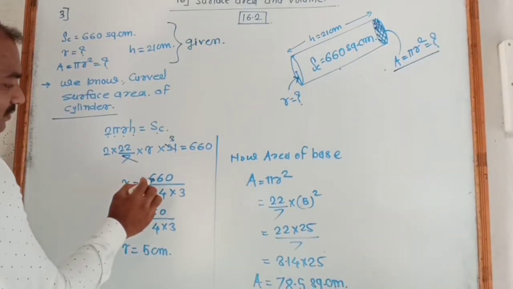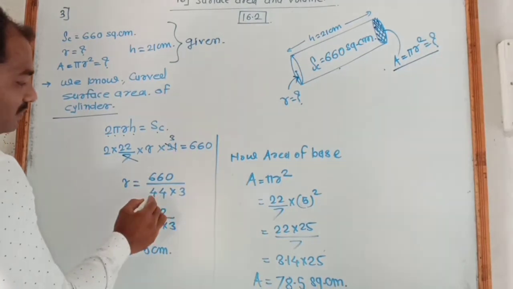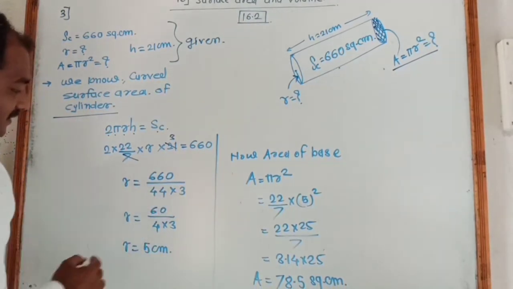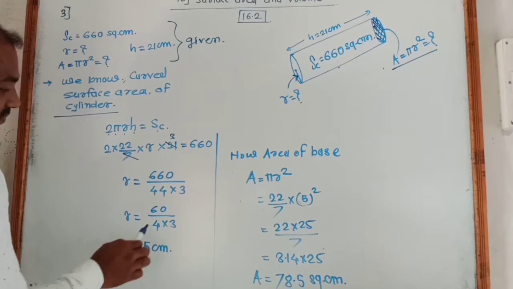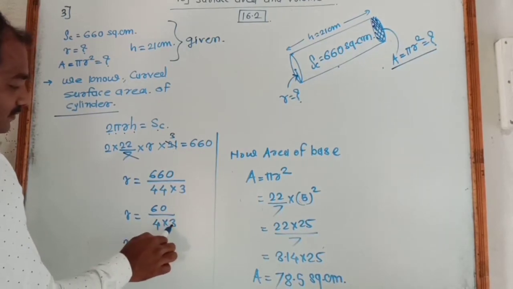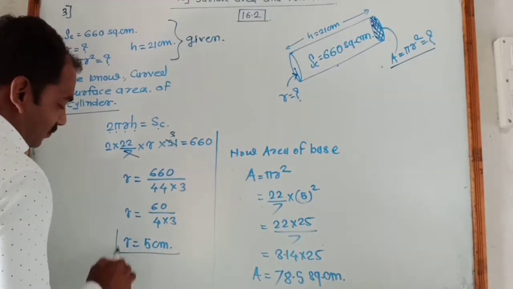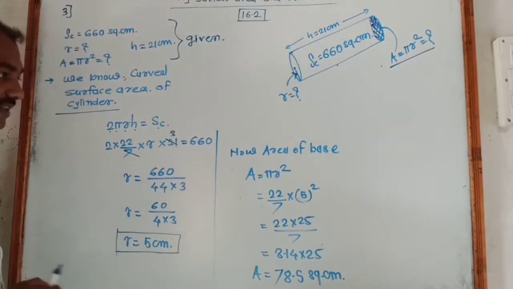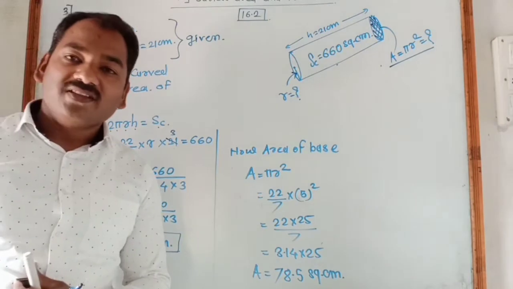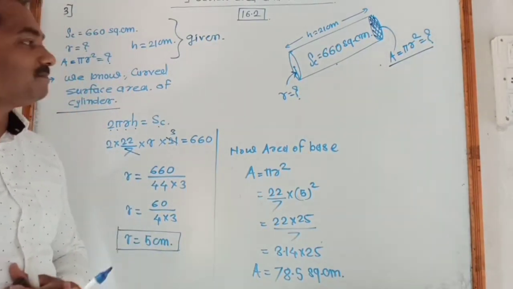So r is equal to 660 divided by 44 into 3. Then finally we multiply this. 4 3s are 12, 12 5s are 60. So r is 5 centimeter. That means the radius of this cylinder is 5 centimeter.